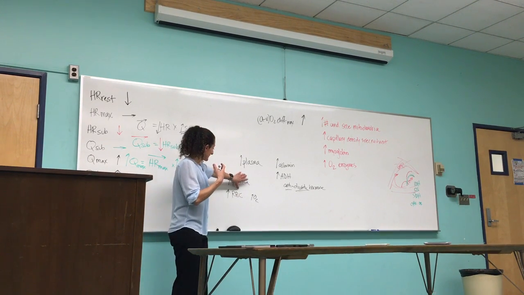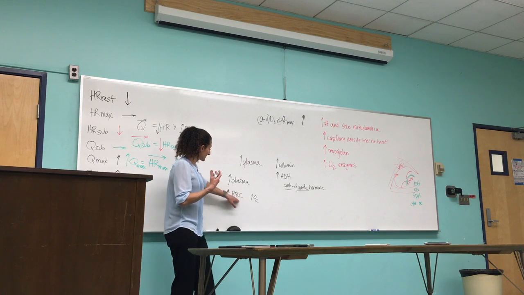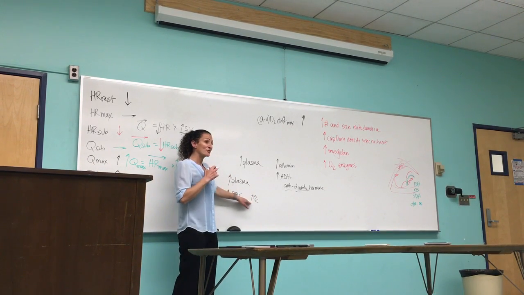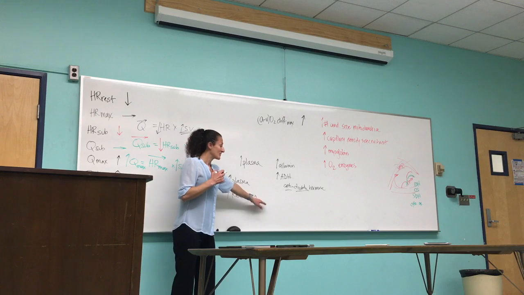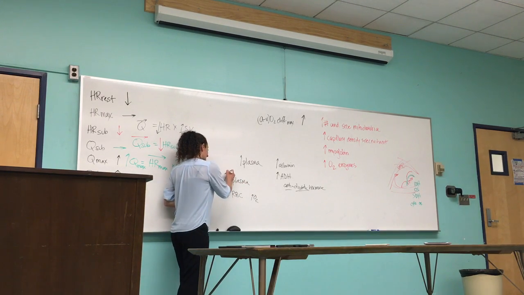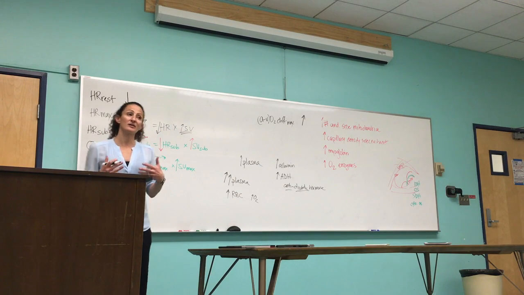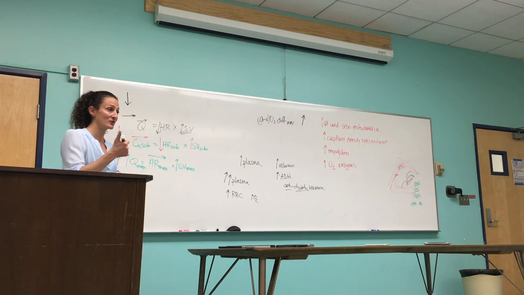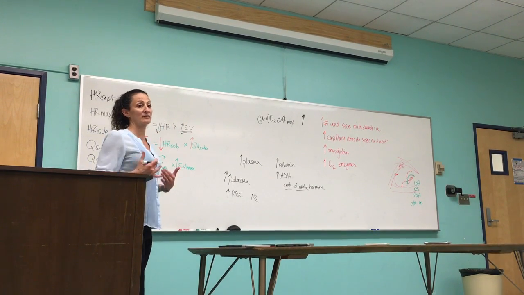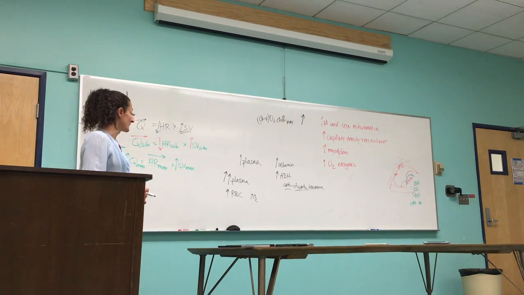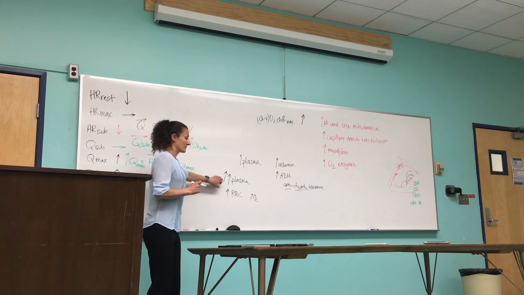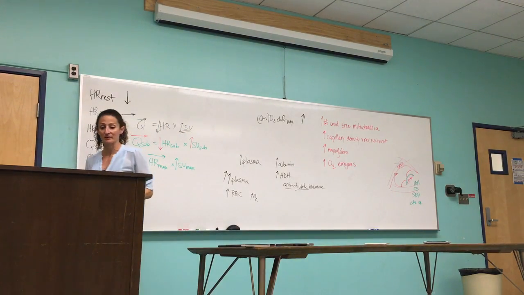So it's going to give you more red blood cells so you can carry more oxygen, but in order for us to benefit from that, we have to increase plasma enough so that hematocrit will go down, so that our viscosity can go down. So we get the benefit of the increased oxygen carrying capacity without increasing our resistance. So hematocrit will go down because the increases in plasma are larger than the increases in red blood cells.